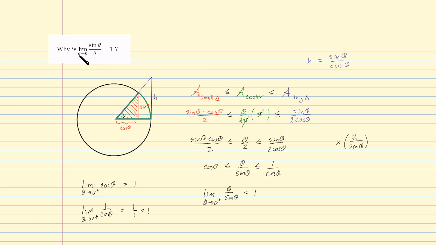Remember, we want the general limit as theta goes to 0 from either direction. But notice theta over sine theta, or sine theta over theta, either one you want to look at, is an even function.